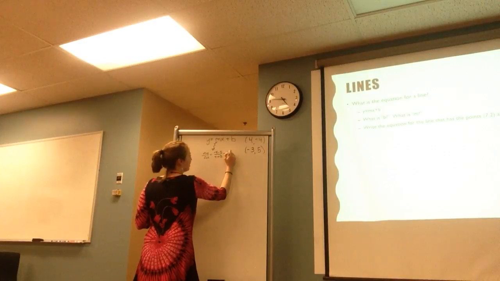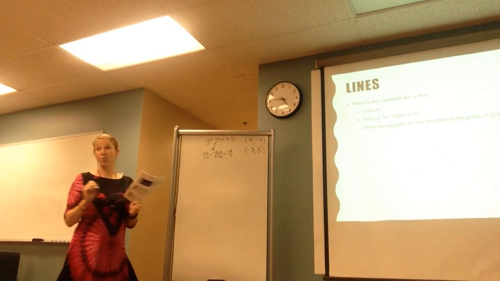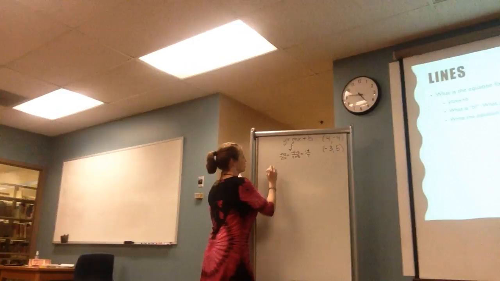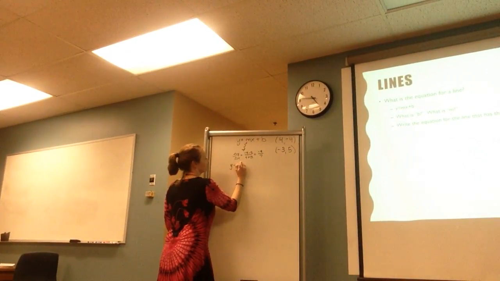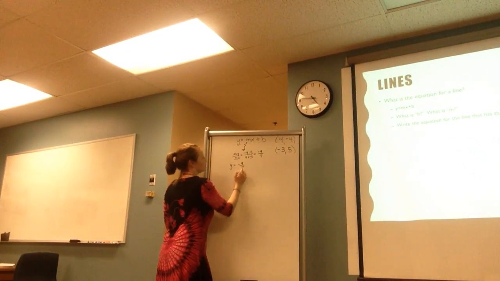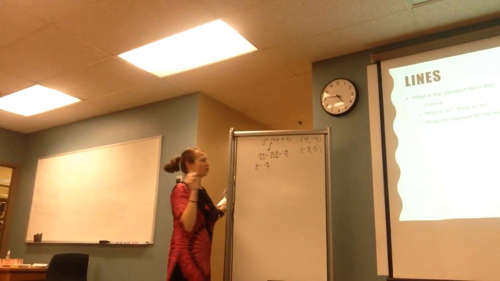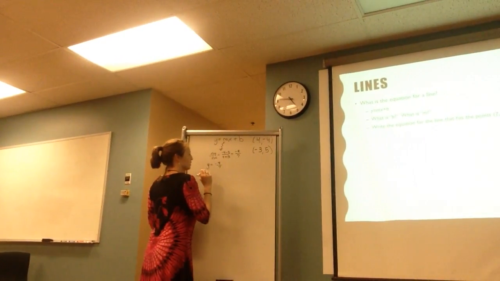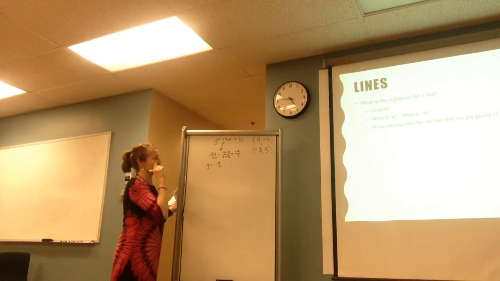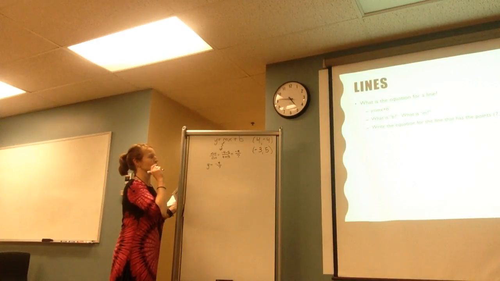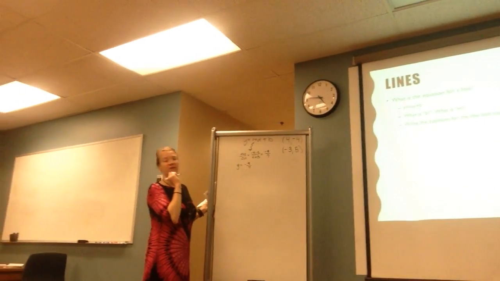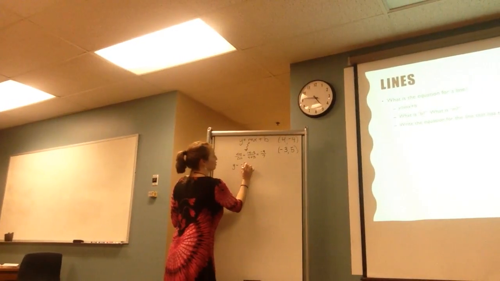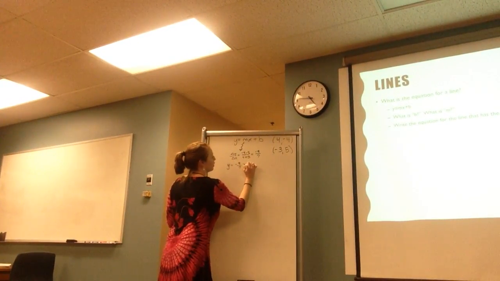So -9/7. Did you guys get that as your slope? Okay. So then now we have y equals -1/7. Okay, maybe Jake, can you look at it and figure out why he got 1/7? I'm guessing you didn't subtract correctly, or maybe you added a negative. Okay, so -9/7 x plus b.